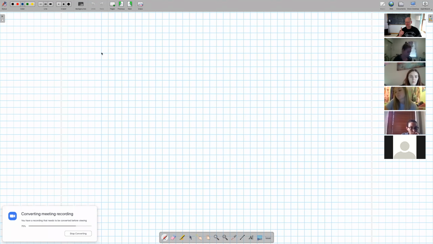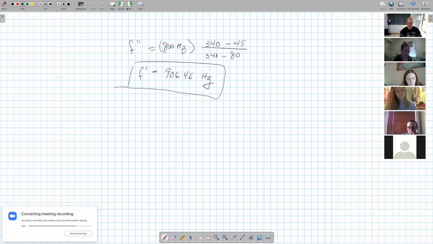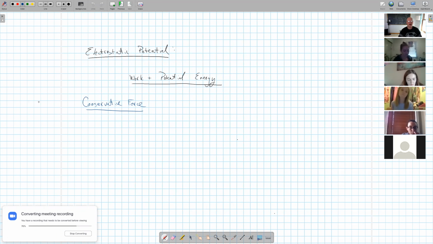Or basically saying that if you brought an object from an initial position back to the same position, the amount of work you would do would be equal to 0. So if I start off here at, say, point A, and I go around and I come back to the same point A, then the amount of work you did was basically equal to 0. And this is true when you have a conservative force, right? So a conservative force means that we can then define a potential energy.